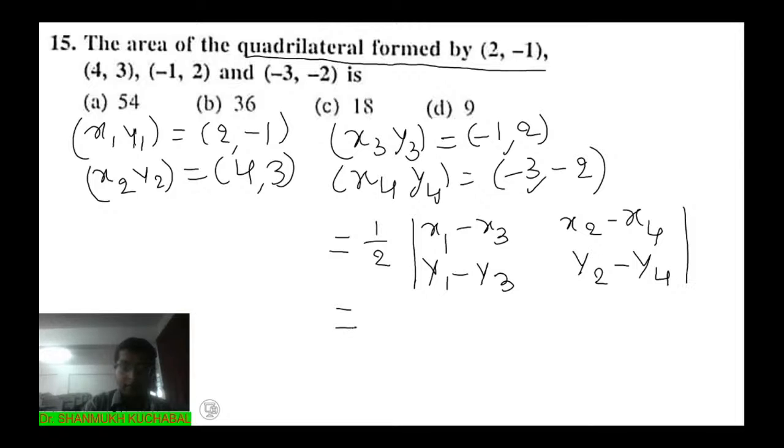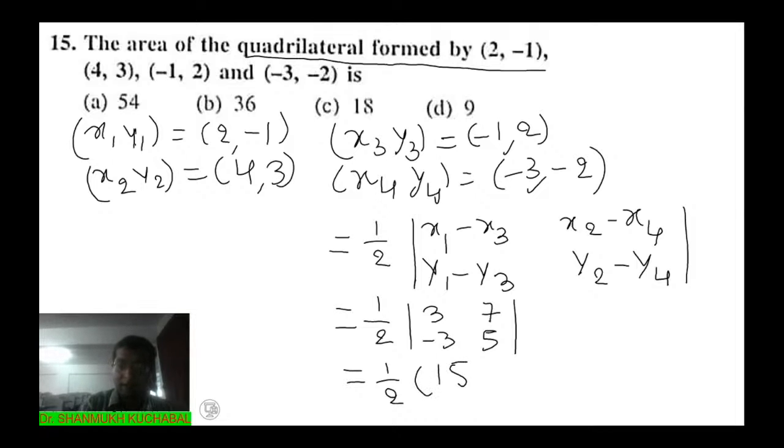You can directly substitute and find the solution. x1 minus x3: 2 minus of minus 1 plus 3 is 3, and 7 minus 3 is 5. So 1 by 2 as it is. First diagonal multiplication: 5 threes are 15, minus 7 threes are 21, minus into minus is plus 21. On simplifying we get 18. Therefore the right option is option C, 18.